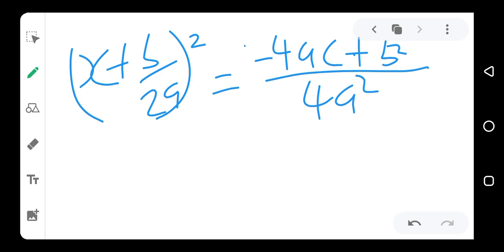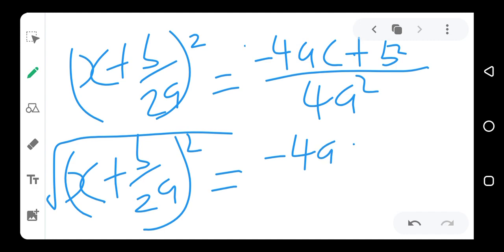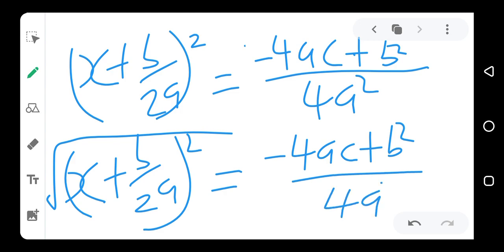Now with this, the next thing we are going to do is to take the square root of both sides. It becomes the square root of (x + b over 2a) squared is equal to the square root of (minus 4ac plus b squared) over 4a squared.